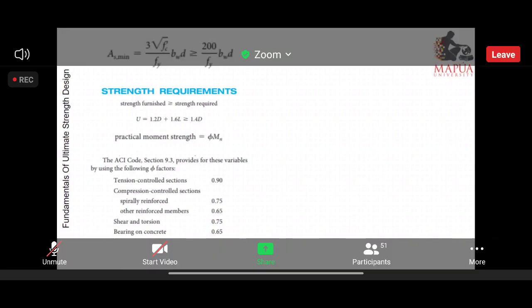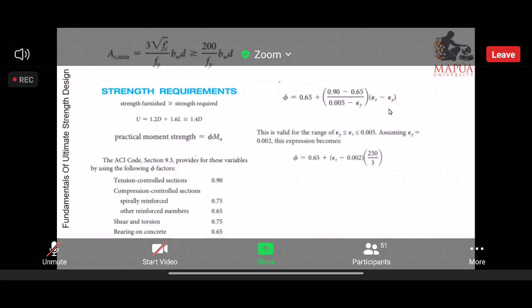The computation of phi: that would be 0.65 plus (0.9 minus 0.65)/0.005 times epsilon t minus epsilon y, the difference of epsilon t and epsilon y. Or this is valid for the range of epsilon t greater than or equal to the yield strain, but less than or equal to 0.005, which is the threshold for the tension control.